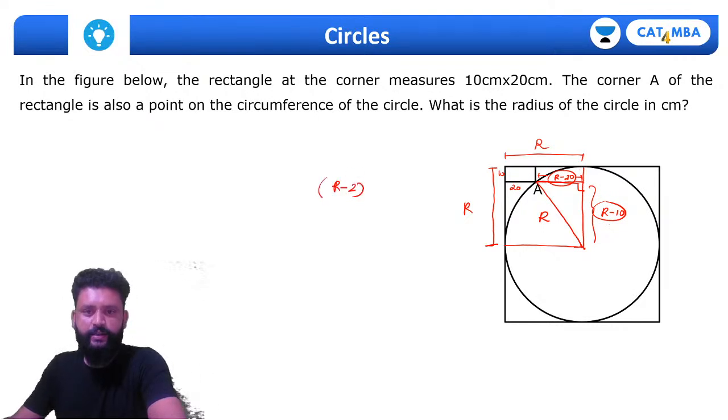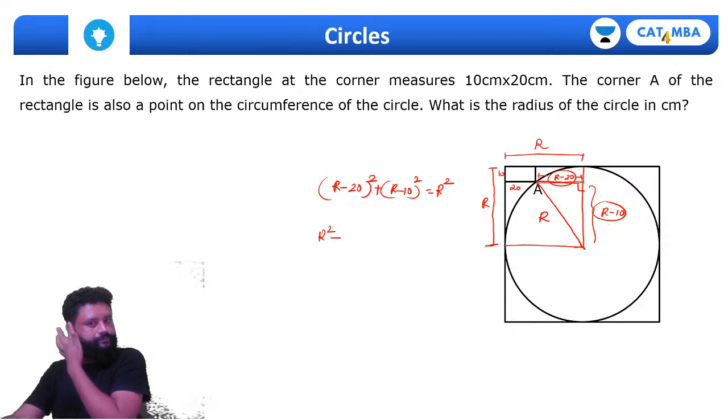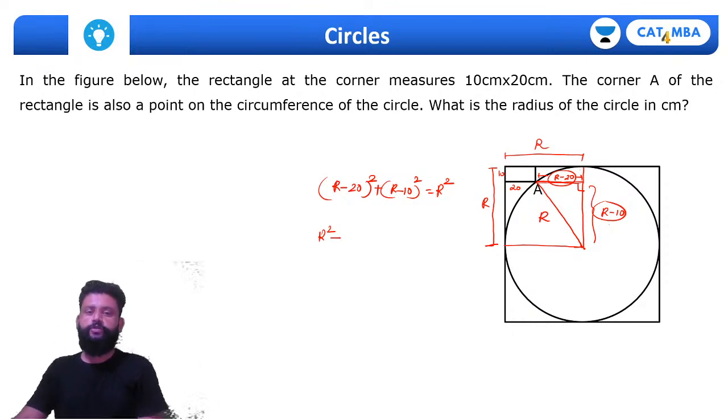Simply, (r−20) whole square plus (r−10) whole square must be equal to r square, and you can get the value of r, right? So this will be r square minus 2 into 20 into r, that is 40r, plus 400, plus r square minus 20r plus 100 equals r square.